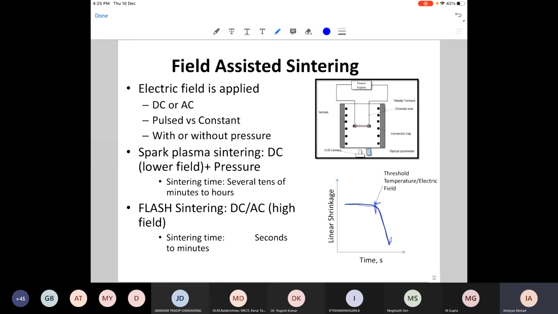Zirconia was sintered at 850 degrees C using this process in about 10 seconds and close to 100% density. That means greater than 99% density. So this has become very popular. Can we adopt this into our AM manufacturing? That's the question. So if somebody can do that, the AM manufacturing will have some respite in terms of sintering of the products.